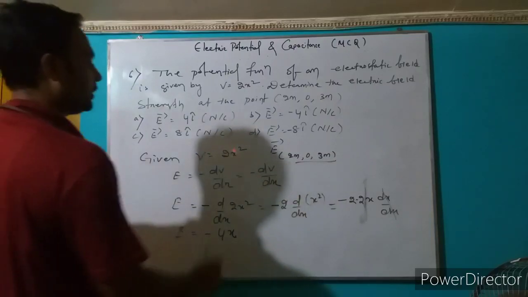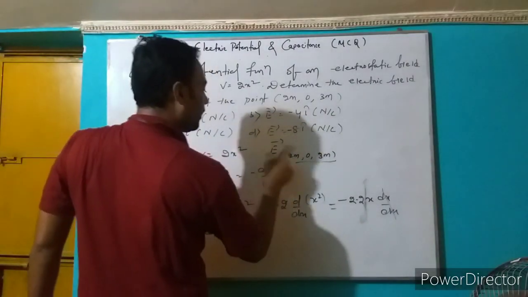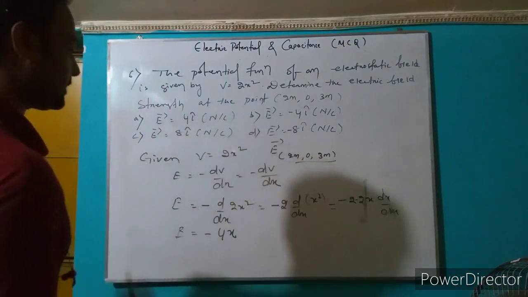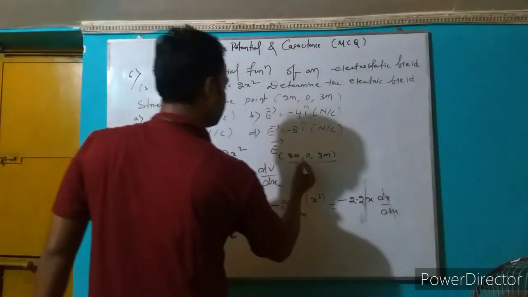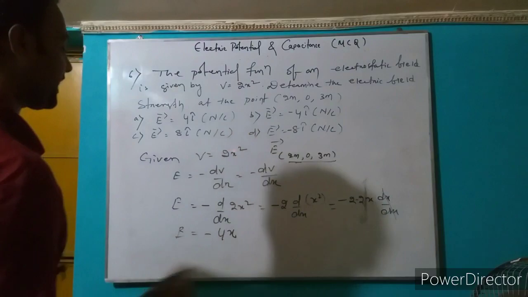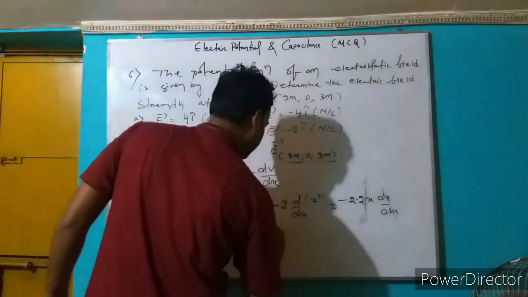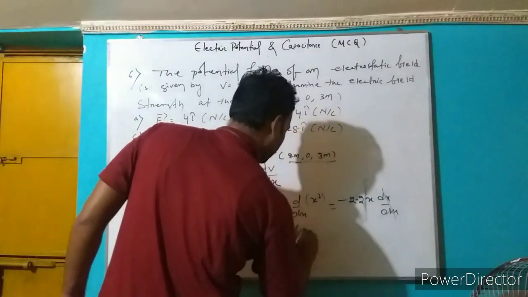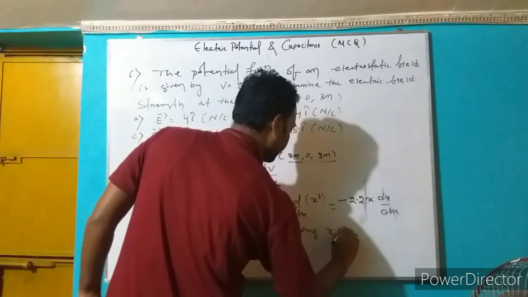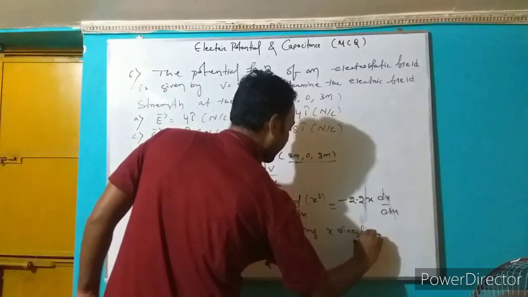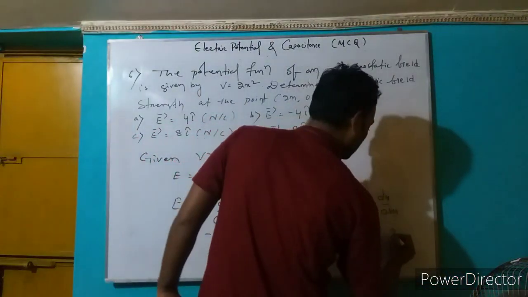But here, electric field along x direction, it is given as 2 meter.